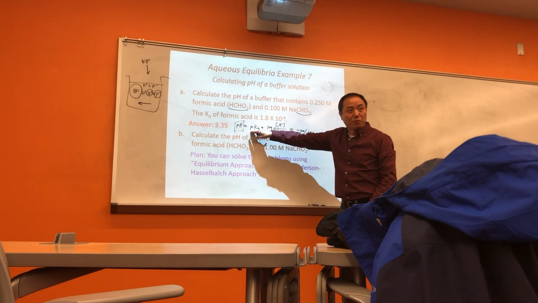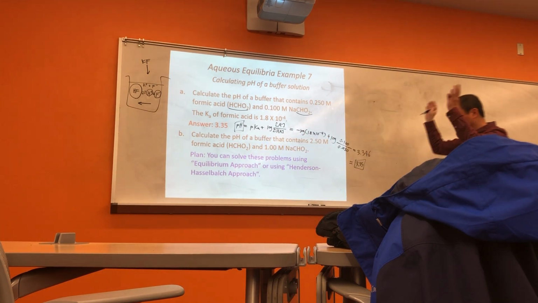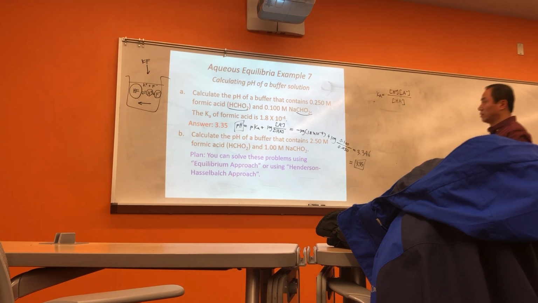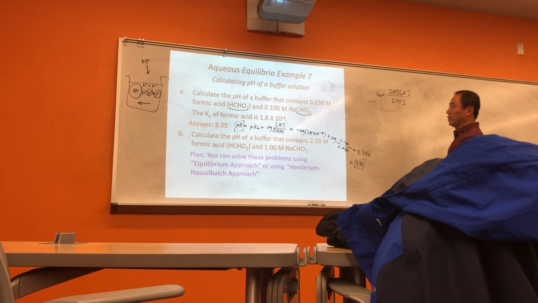Although I encourage you to memorize this, let's say somehow you forgot it, but you still know Ka is H plus times A minus over HA. And we have HA, H plus, A minus.